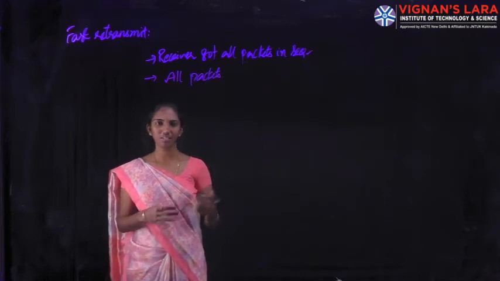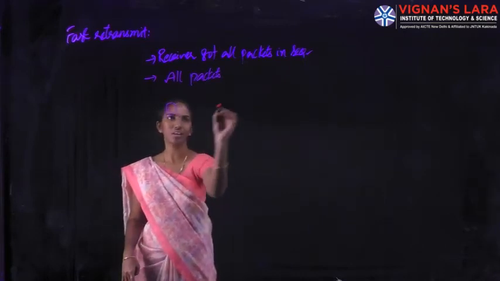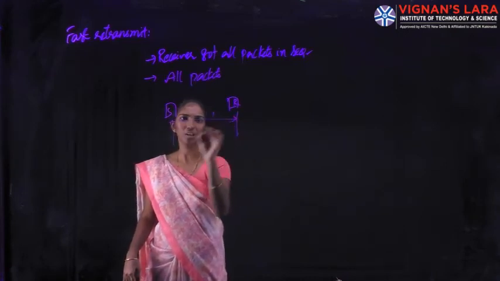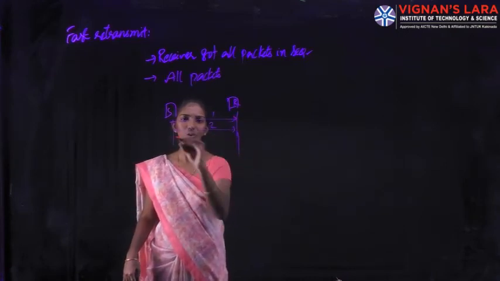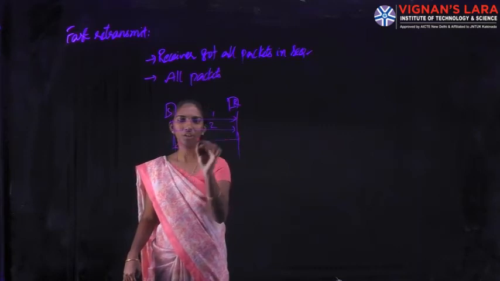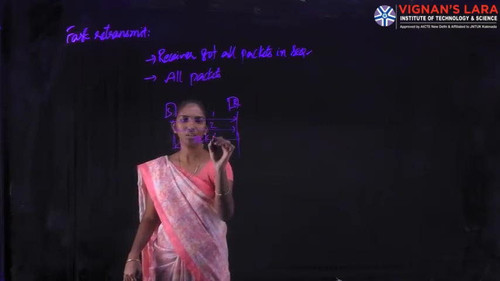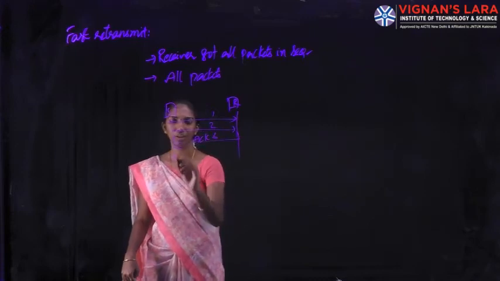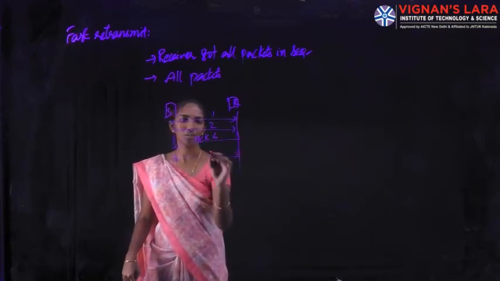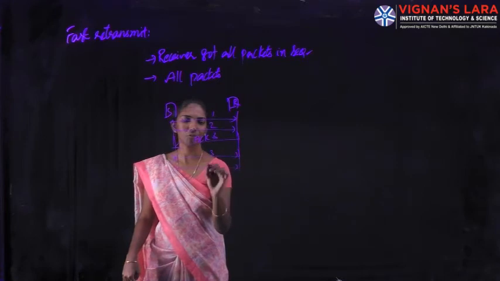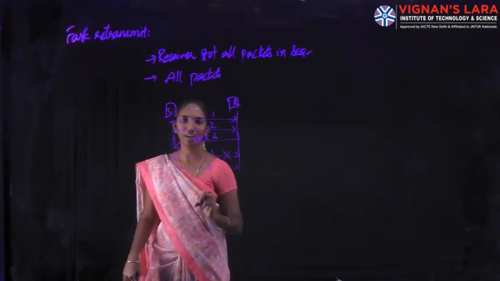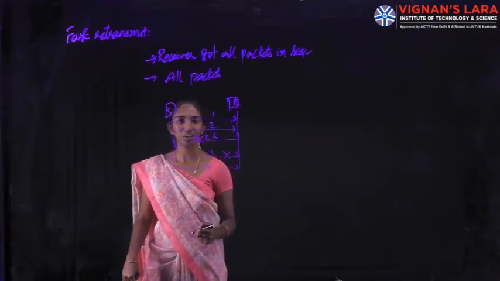Assume that you have a sender and a receiver, and you have sent packet number 1 and packet number 2, and you are going to get acknowledgement number 3. Meanwhile, you have sent packet number 3 and packet number 4. Assume that packet 3 is lost and packet 4 has been transmitted to the receiver successfully.